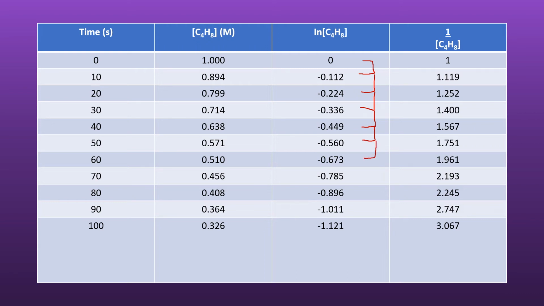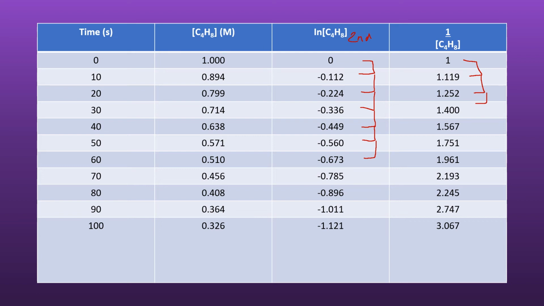This one over here is increasing by 0.119, and then by 0.133, then by 2.52. So this is not the same. So these are not equal increments. These are equal increments. So this would be a second order rate law. I'm sorry, that is incorrect.